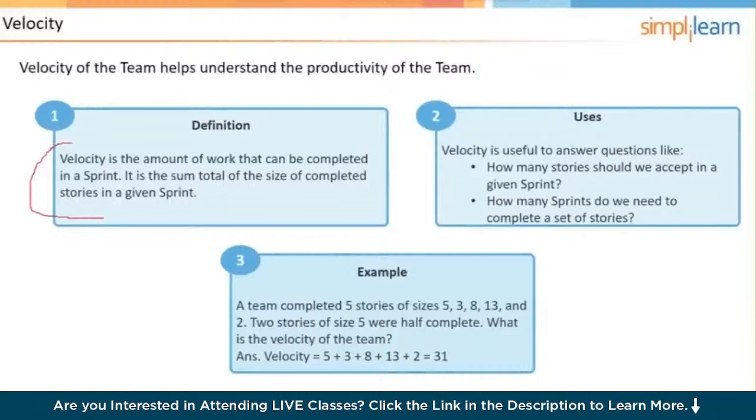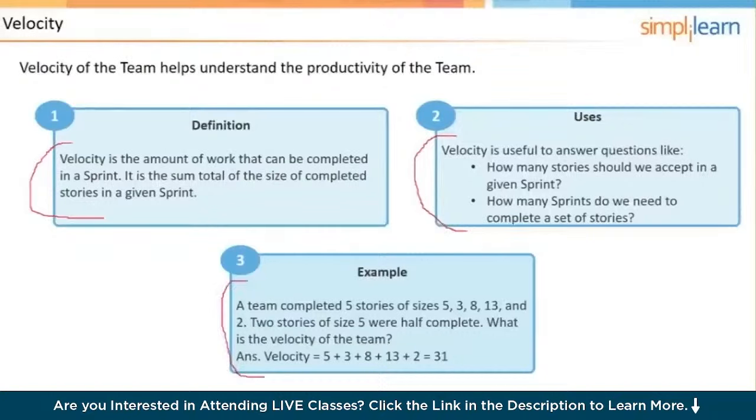And so it's an observation. If we look over to box number 2 here, velocity is used to determine how many user stories we are going to include in a given sprint, and also how many sprints we are going to need to create a release or a set of user stories. And here's an example.